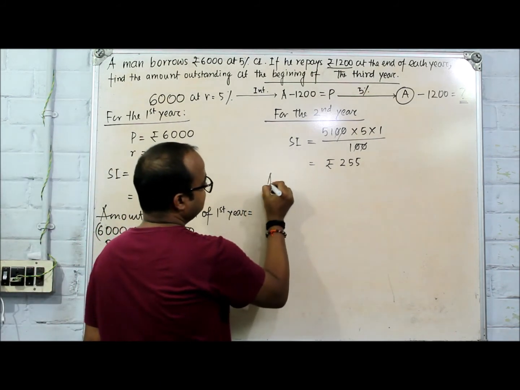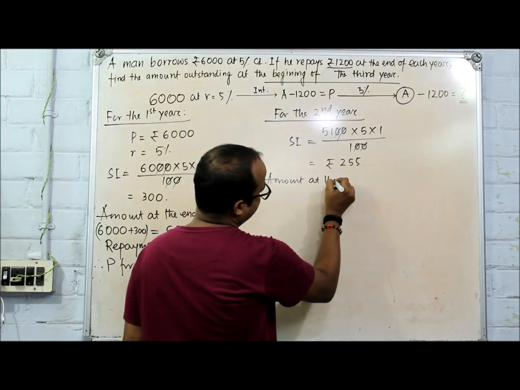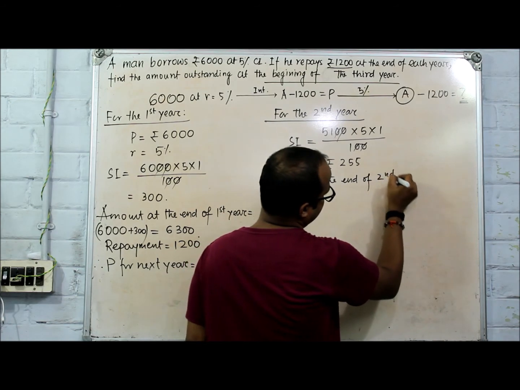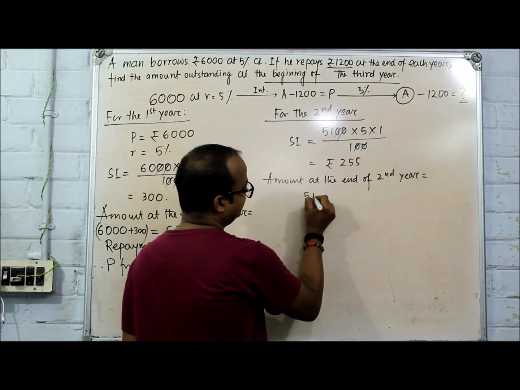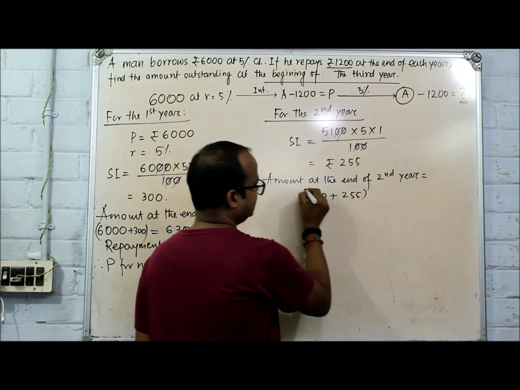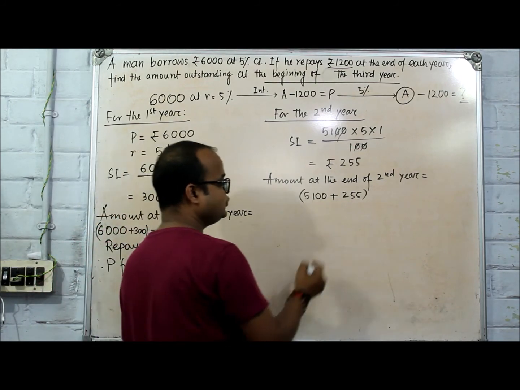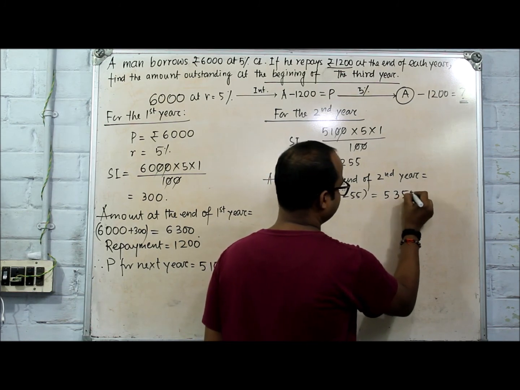So amount at the end of second year is equal to 5100 plus 255. This is the principal and the interest charged on this person is rupees 255. So this will become 5355.